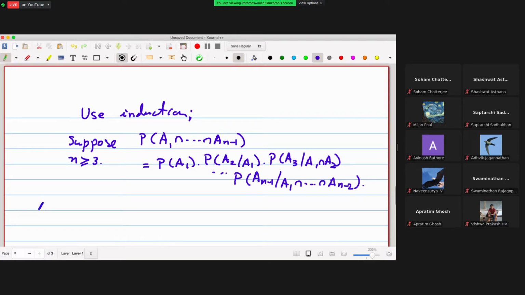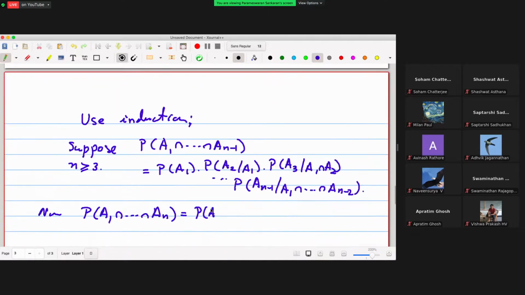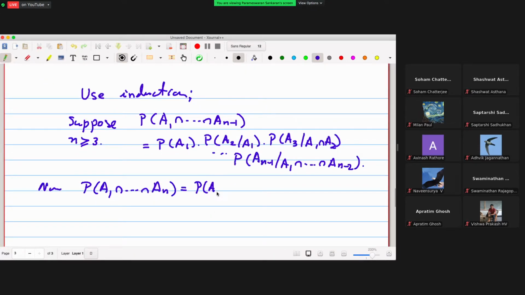Now probability of whatever I wrote earlier in the first step, A1 intersection An, this is equal to probability of An given A1 up to An minus 1 times probability of A1 intersection An minus 1. Substitute for that.